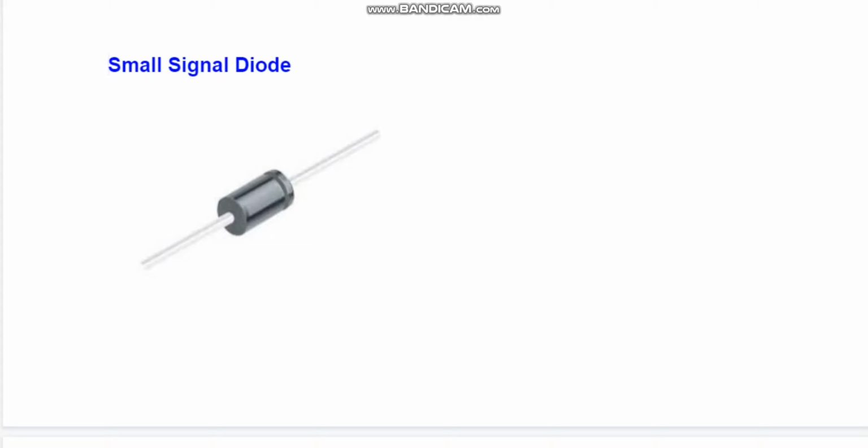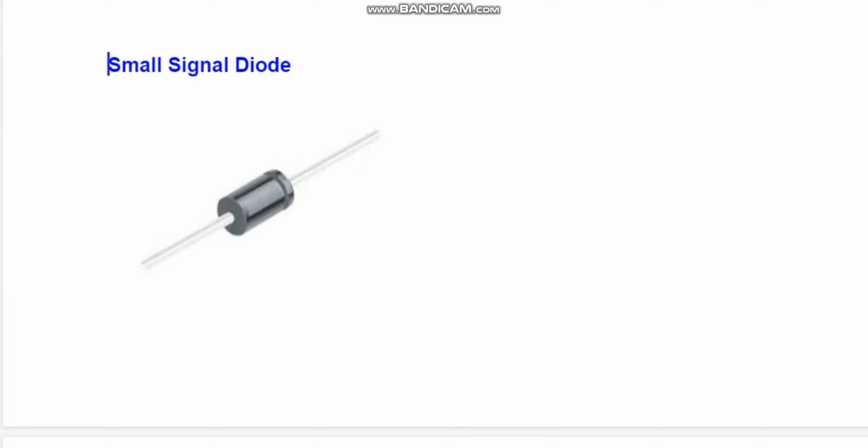It enables the small signal diode to have high switching speed with very fast recovery time. However, its limitations are low voltage and current parameters. Due to its high switching speed, these types of diodes are used in circuits with high frequencies.